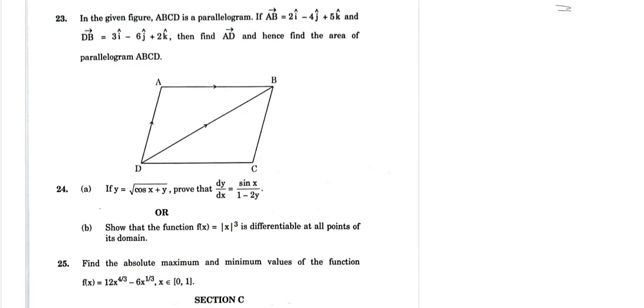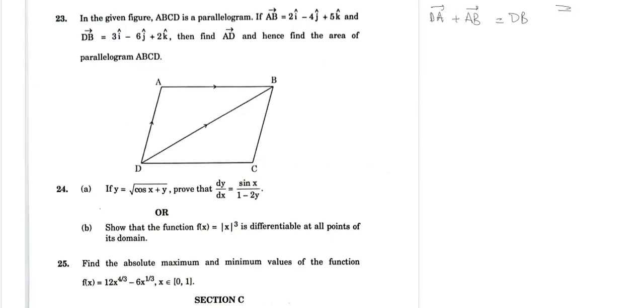So what we can observe here is that DA plus AB is equal to DB. Okay, and we need to find AD.